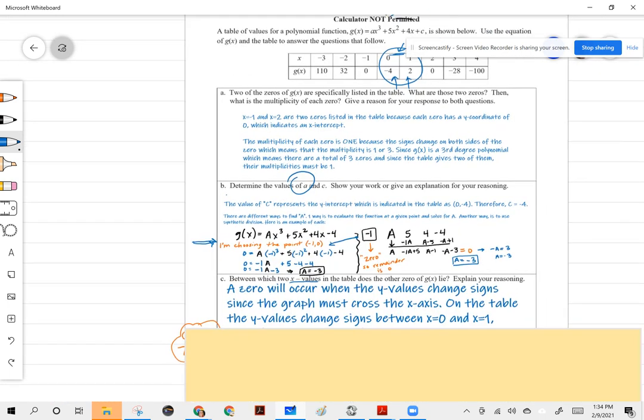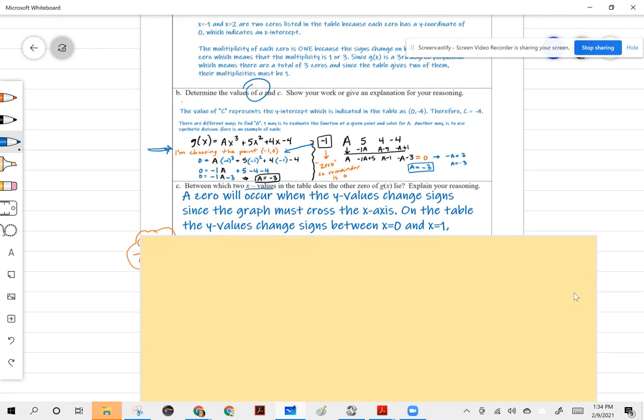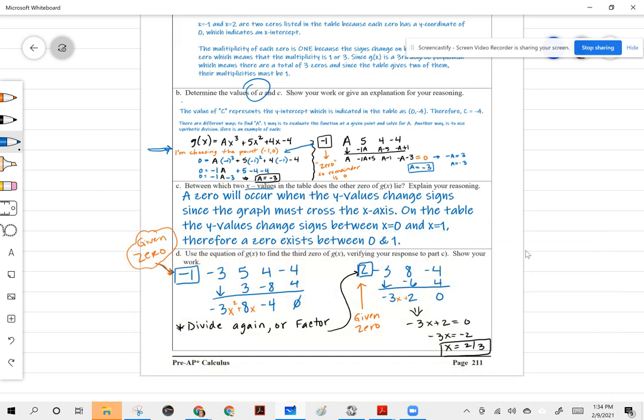Then the idea was, why don't you go ahead and find the third zero? You know your answer should be in between 0 and 1. So what you're going to do is use synthetic division, starting off with one of the zeros. You could have used either -1 or 2.